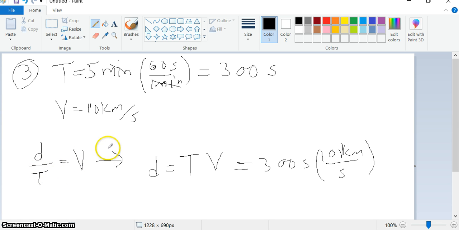You rearrange that equation with very simple algebra, multiplying both sides by t, so the distance is equal to the period, 300 seconds, times the velocity, 10 kilometers per second. So 300 times 10 kilometers per second gives us a distance of 3,000 kilometers.